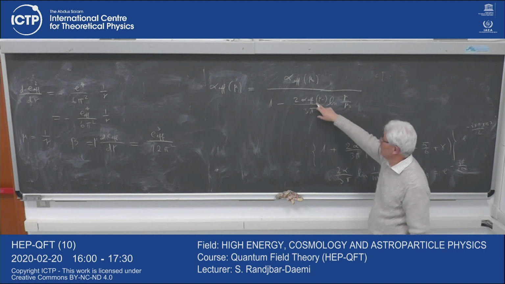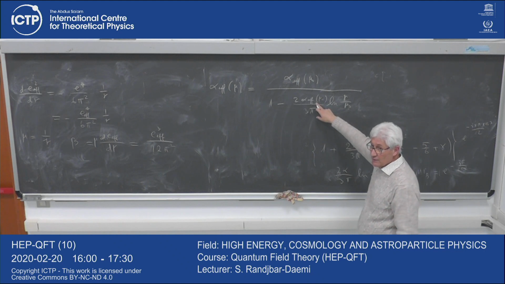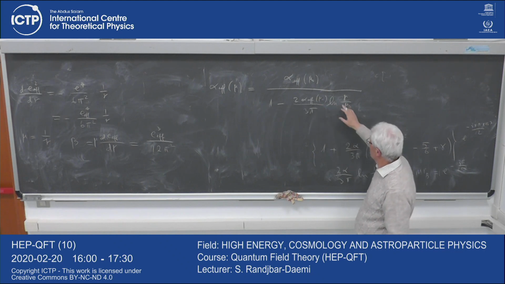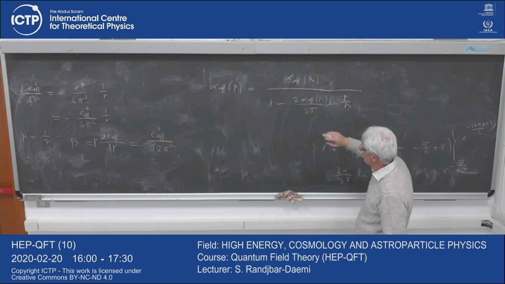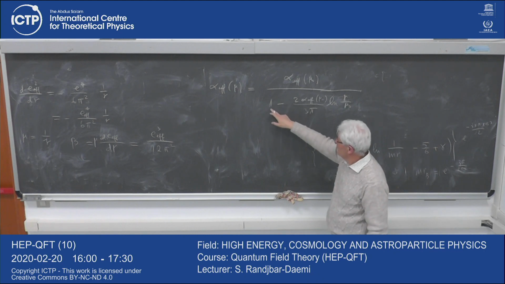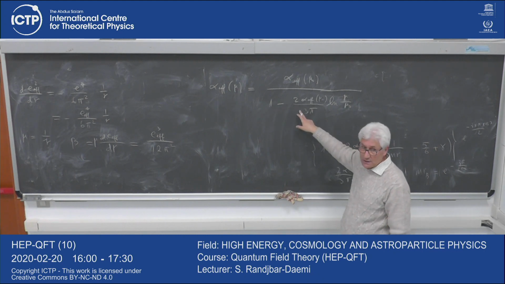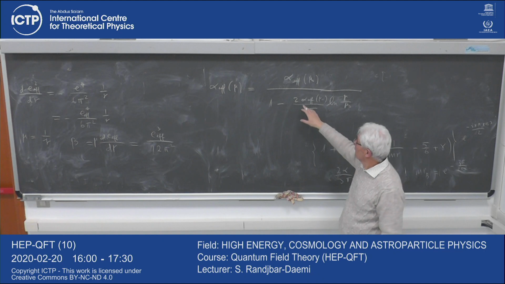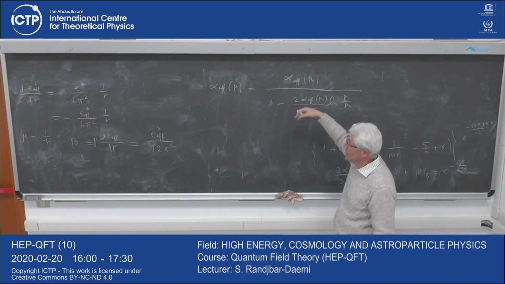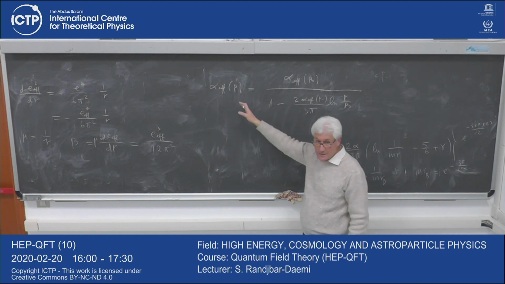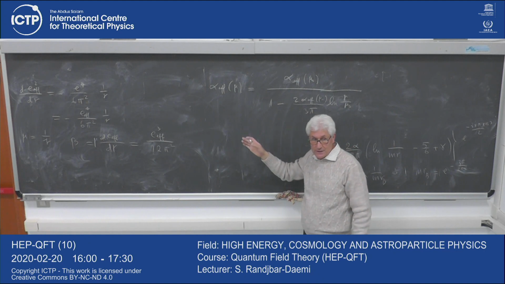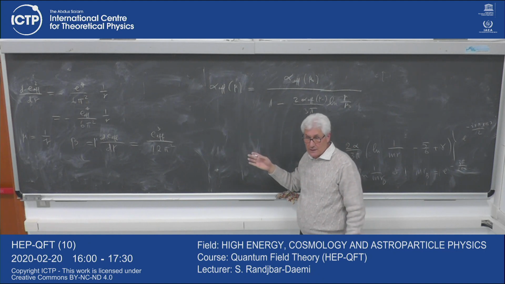In that case, this would be 1 over 137 at the electron mass. You see that as mu becomes much larger than mu 0, this function increases, and the denominator, 1 minus that function, decreases. And therefore, the whole fraction increases. Alpha increases. When you go to higher energies, alpha becomes stronger and stronger.